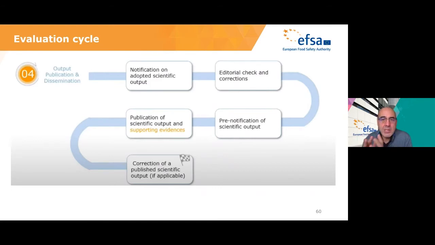So we give the applicant the chance to check, for example, if confidentiality claims are accepted and the opinion is sanitized, meaning that sections of the opinion, as was explained before, that are considered confidential will appear black in the opinion. The applicant can check it and agree, and that's why we share the output under embargo approximately 48 hours before publication.